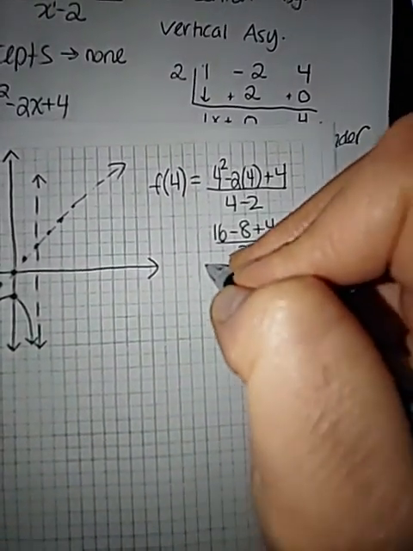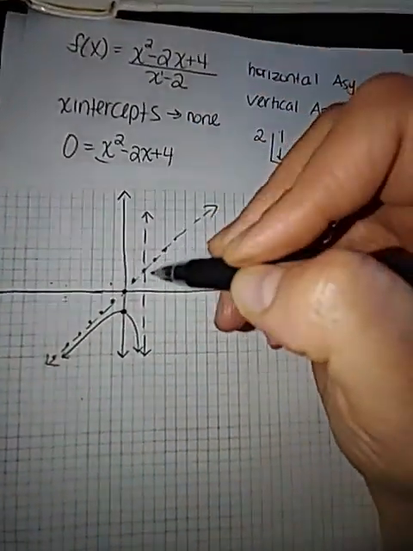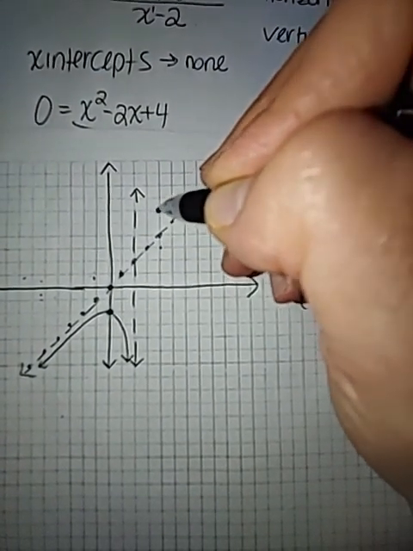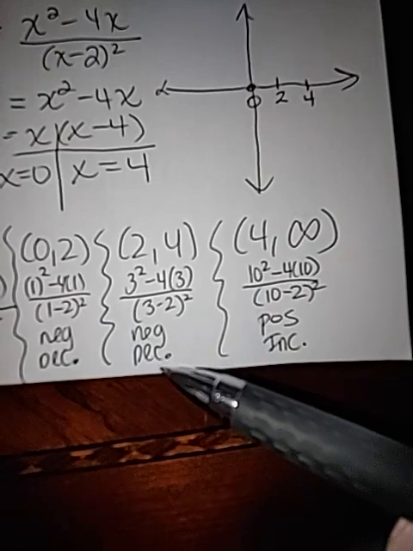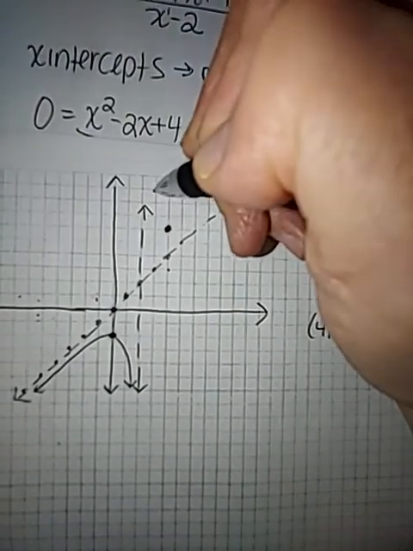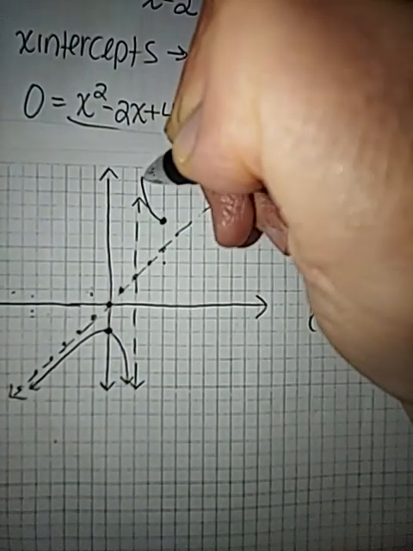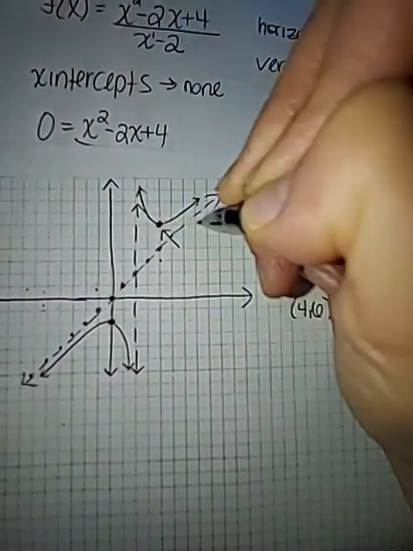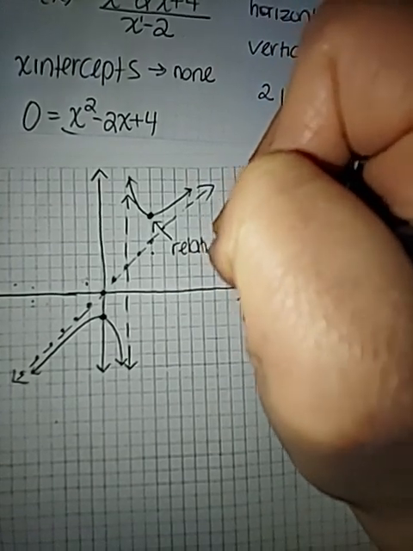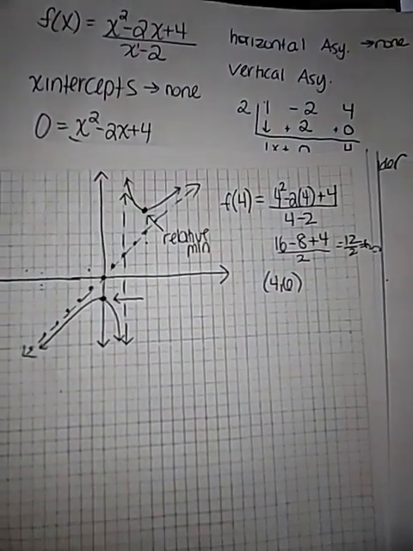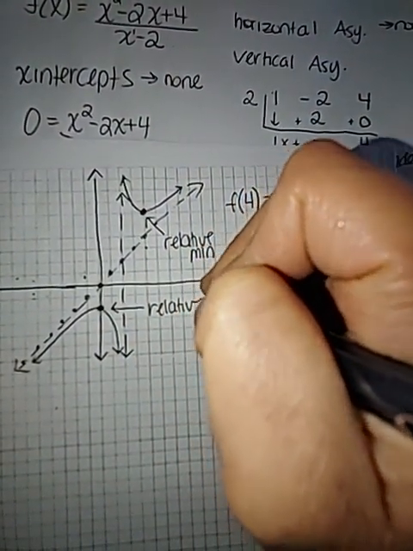So that means (4, 6) is an important point. Now remember, 4 was my critical value, and it was going from decreasing to increasing, which means I have a relative minimum at that point. So I'm going from decreasing to that point to increasing, so I have a relative minimum here. And here I went from increasing to decreasing, so I have a relative maximum.